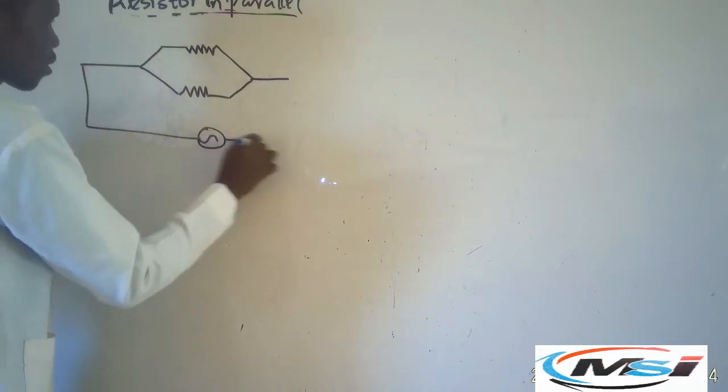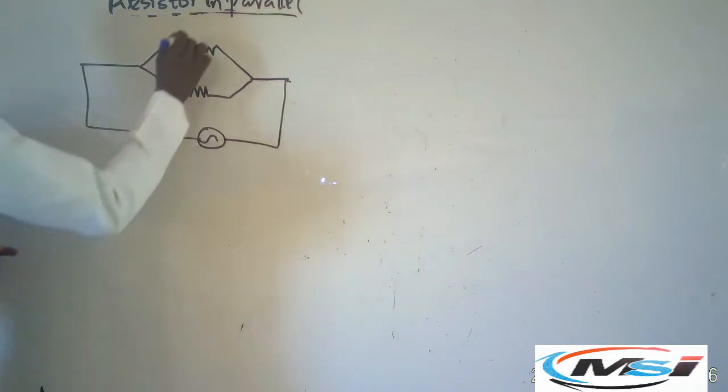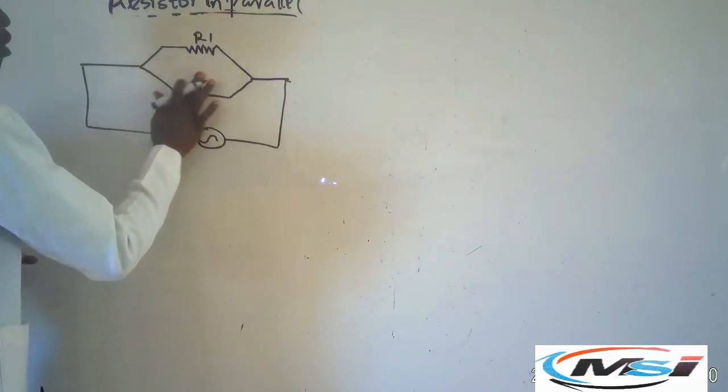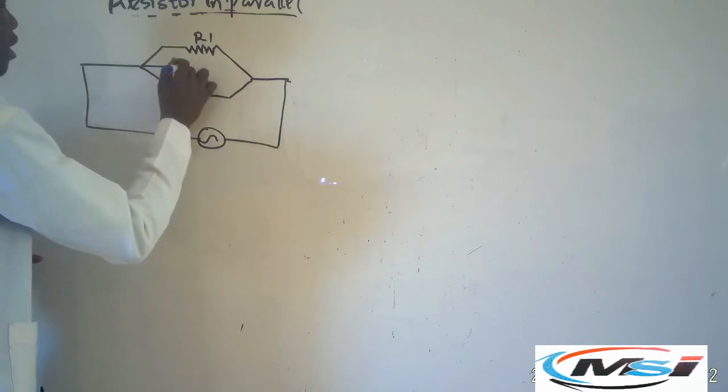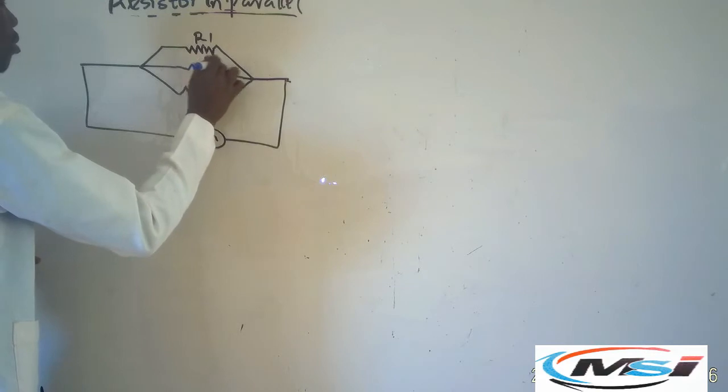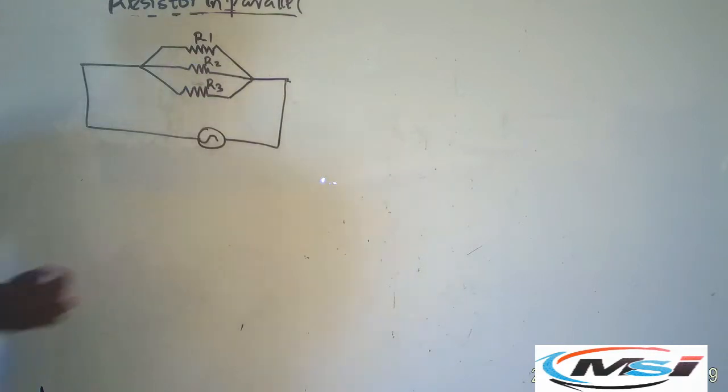Now this is R1 and this is R2. We can also have R3 here: R1, R2, and R3.